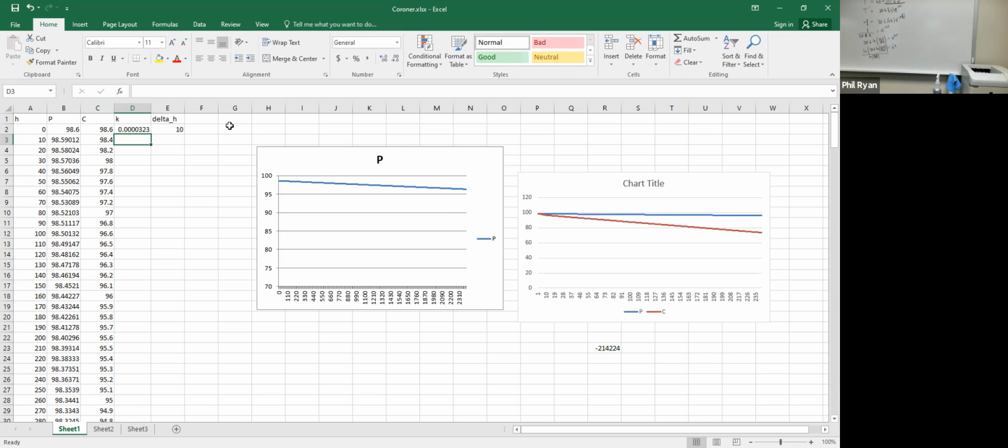Okay. And then let's put in our pressure function. So we should get rid of this. Change that to a 30.